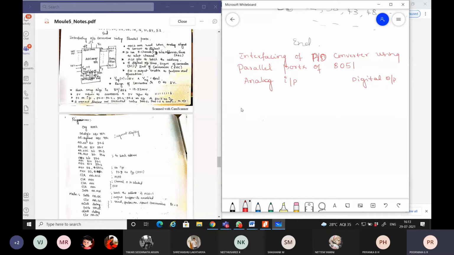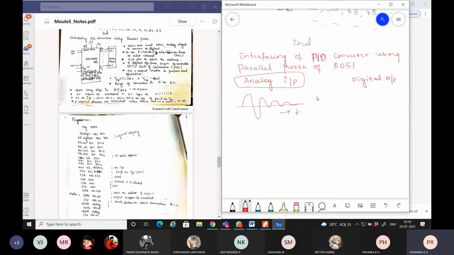Say for example, most of the real-time applications are your voice signals or your video signals, and these speech signals, when they occur in real time, will have continuous amplitude variations with respect to time. Any signal which varies its amplitude continuously with respect to time is termed an analog signal.